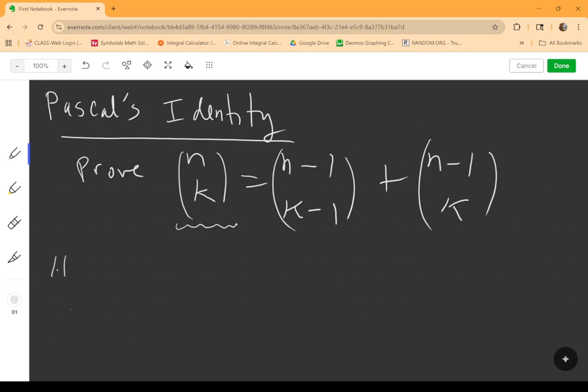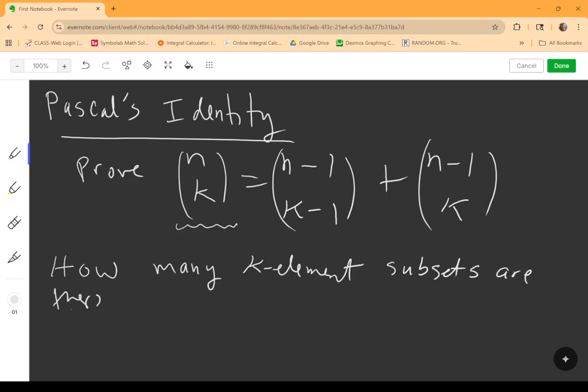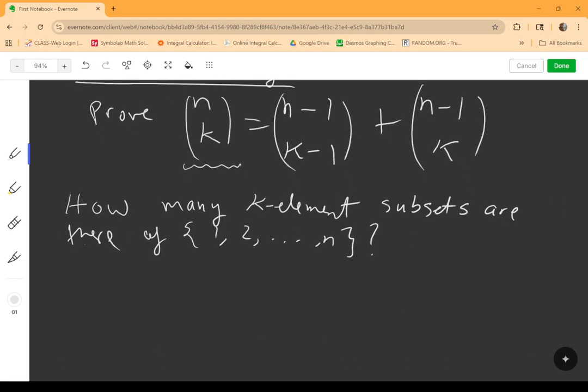What we know about n choose k is that it tells us how many k element subsets there are of the set 1, 2, all the way up to n. So that is the question.